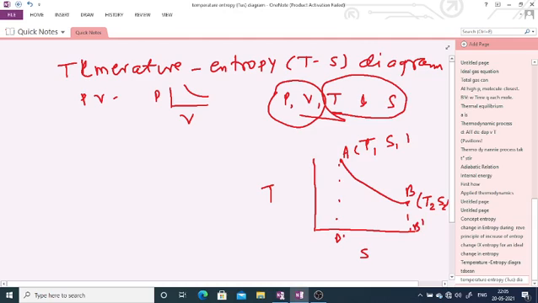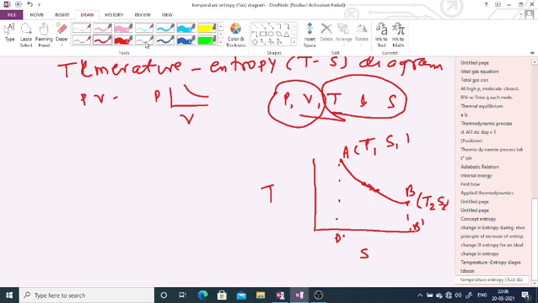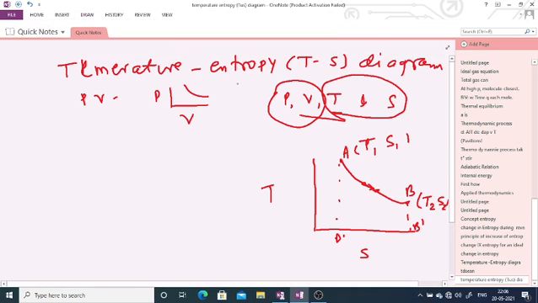So now we consider the system moving over a small distance, like AB. So AB is another small distance, small a and b.